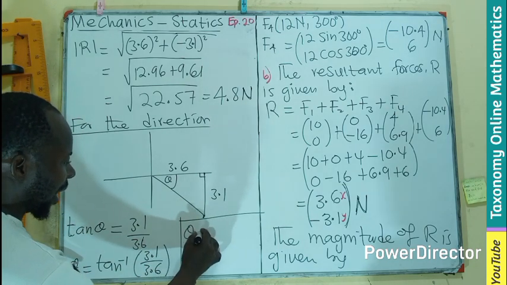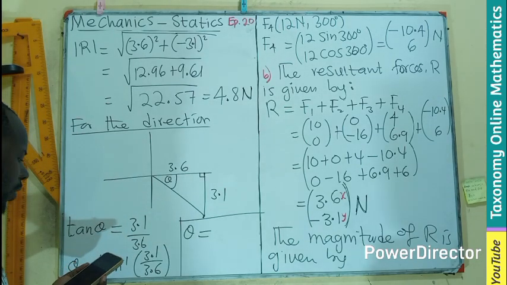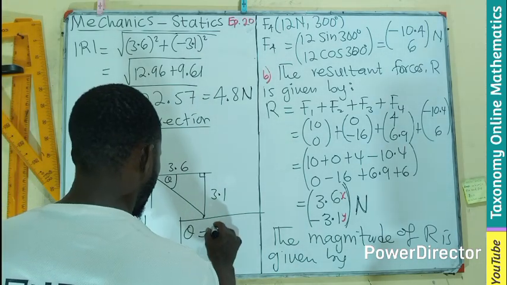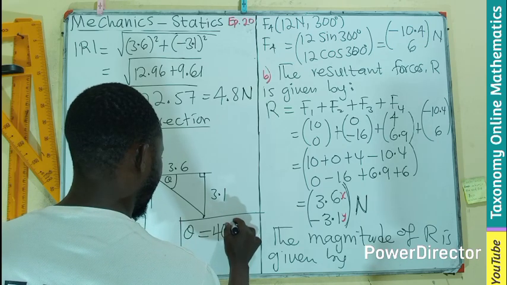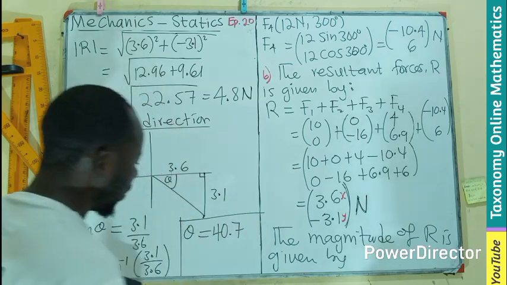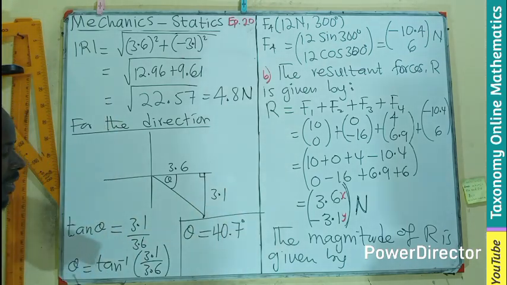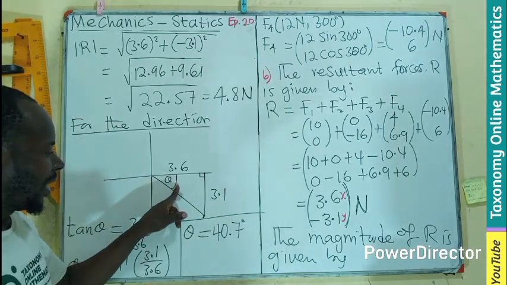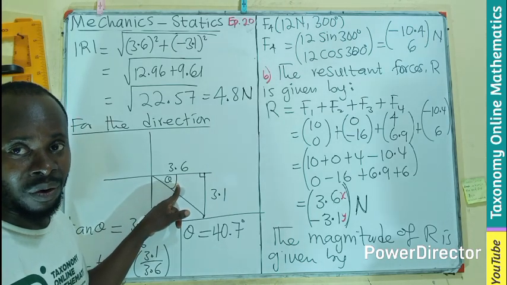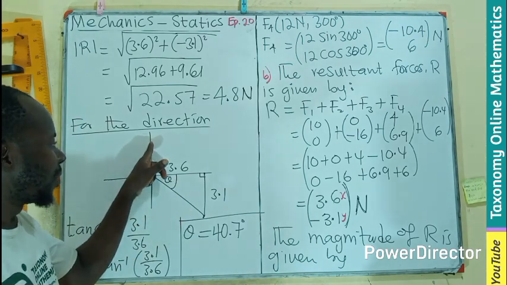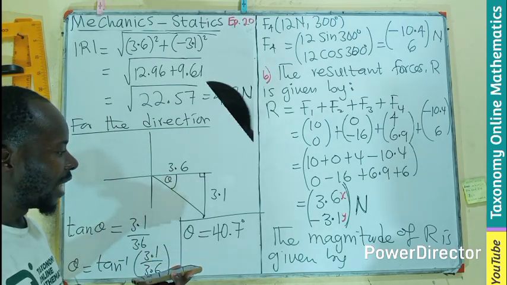So that makes your theta equal to, this is going to be 40.73. So let's use one decimal place, and that is it. Now this angle we are seeing here is not the actual bearing or direction. The actual bearing or direction is measured from the north, including this. So let's indicate that.